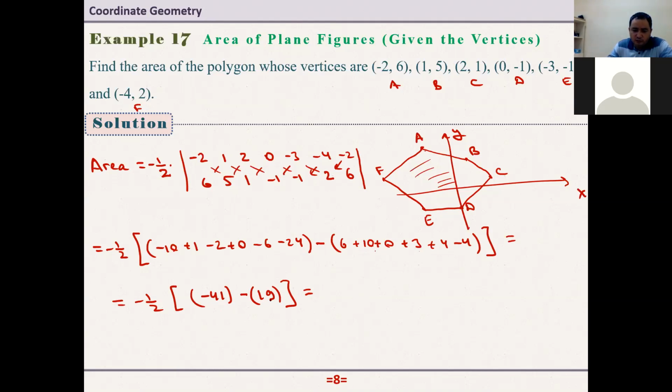Negative 41, negative 19, so negative 1 over 2 times negative 60, which is equal to 30 units squared. So the area of this polygon or this rectilinear figure is 30 units squared.